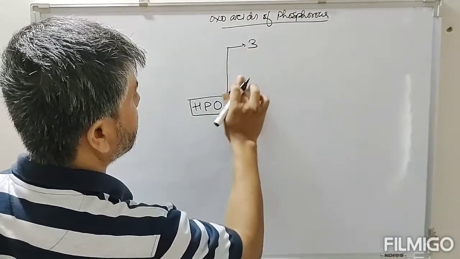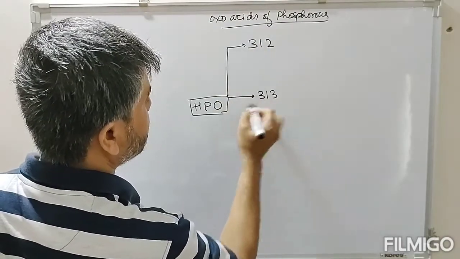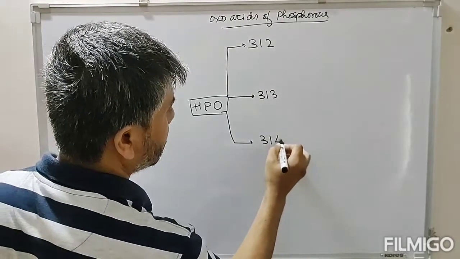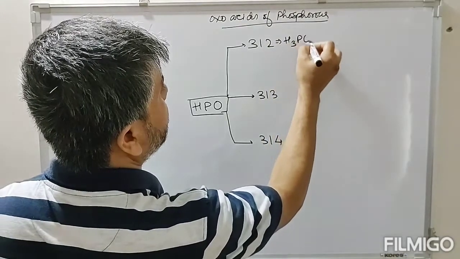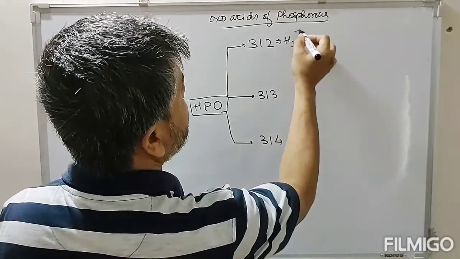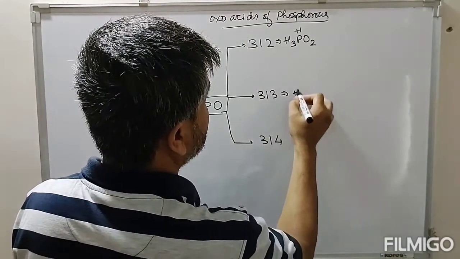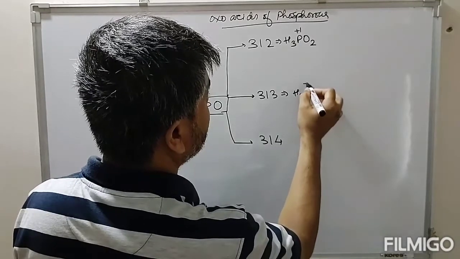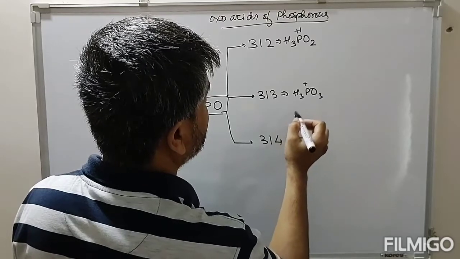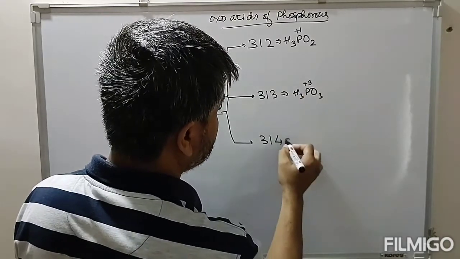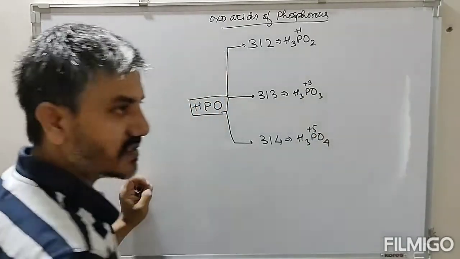We have 3,1,2 series, 3,1,3 series, 3,1,4. So this is H3PO2, phosphorus in +1 oxidation state. This is H3PO3, phosphorus in +3 oxidation state. H3PO4, phosphorus in +5 oxidation state.